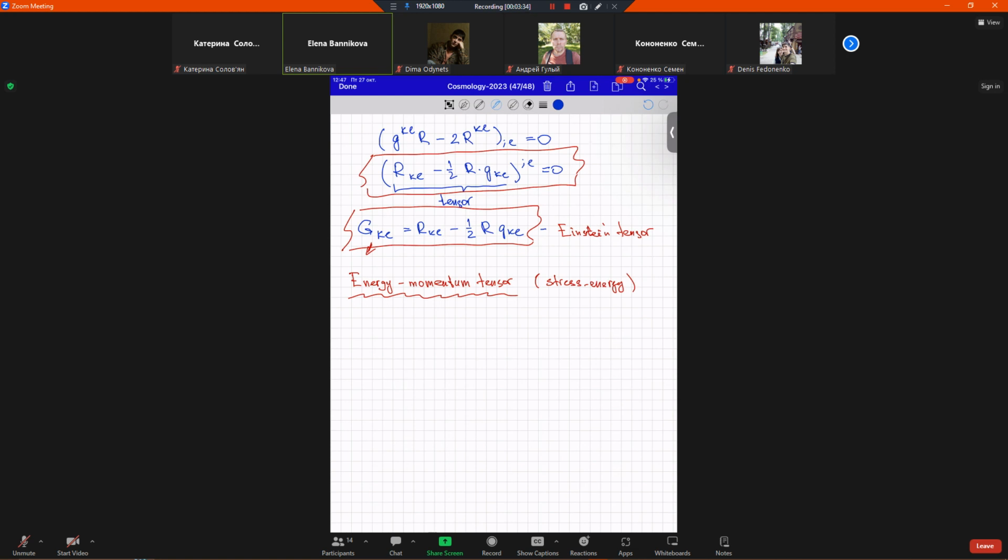Before, in classical mechanics, much more important for us was the integral property of one particle, and this is exactly energy and impulse, momentum.